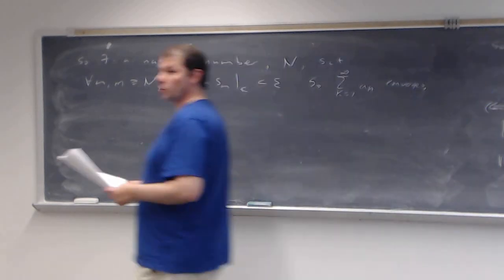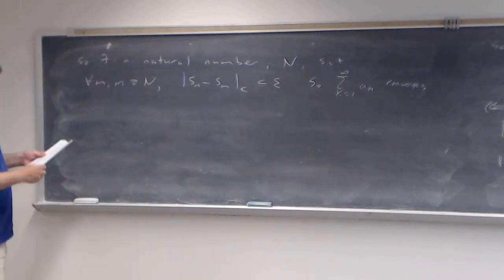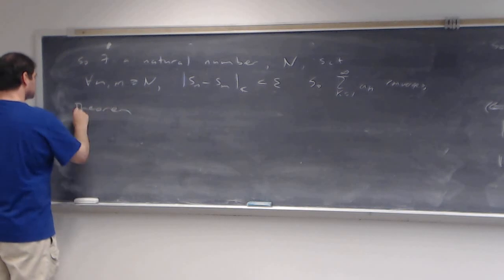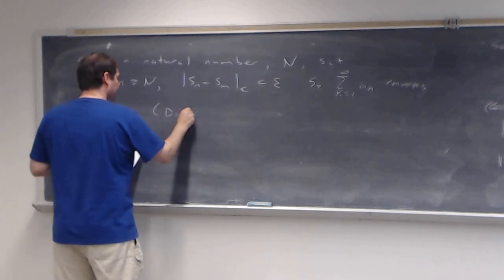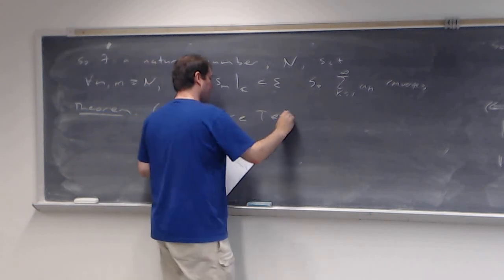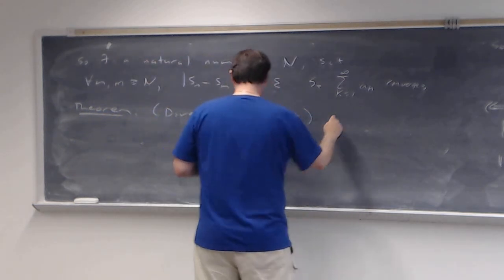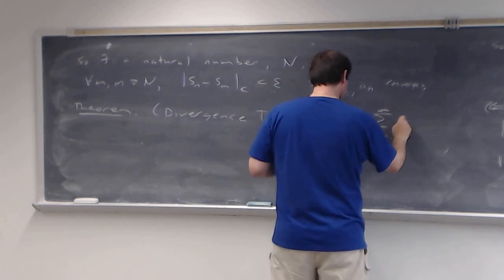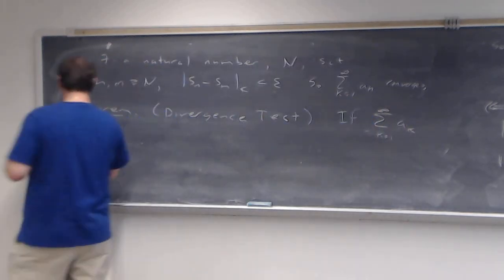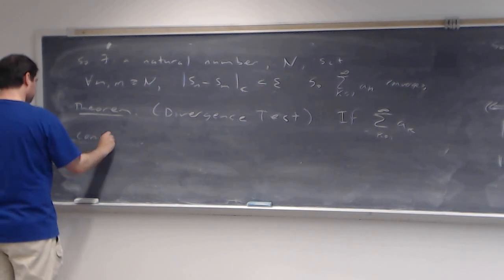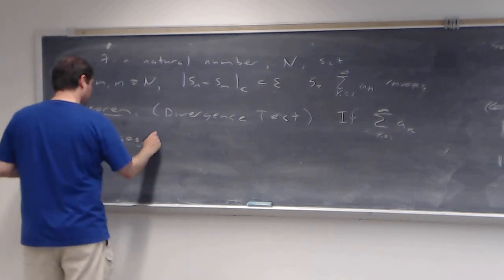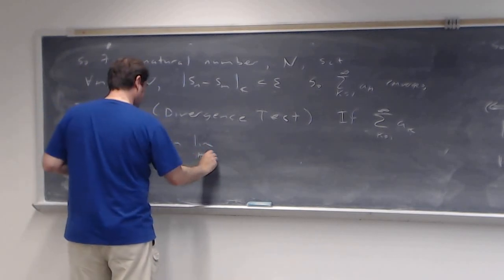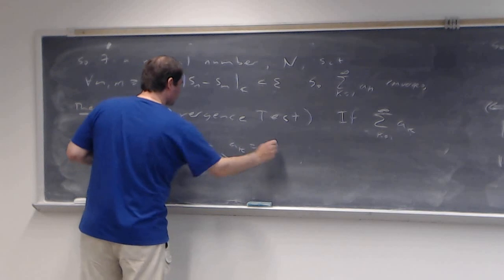Okay. The next thing that I want to put up is something known as the divergence test. Here's what it says. If the sum as k runs from 1 to infinity of a sub k converges, then the limit as k goes to infinity of a sub k equals 0.